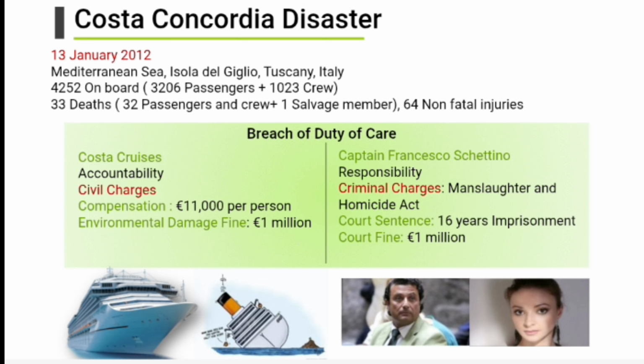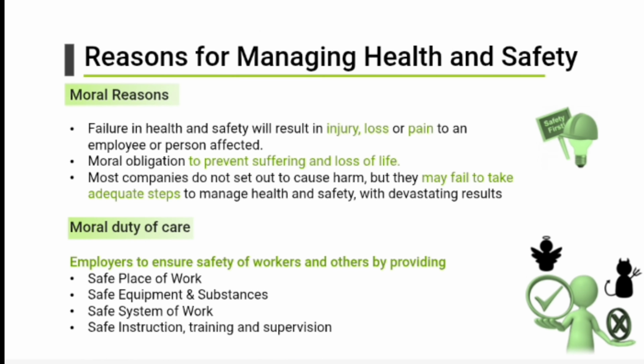It is crucial for organizations and individuals to understand the severe implications of negligence when it comes to health and safety. By learning from such incidents, we can strive to prevent similar tragedies in the future and create safer environments for everyone. The importance of managing health and safety in the workplace.